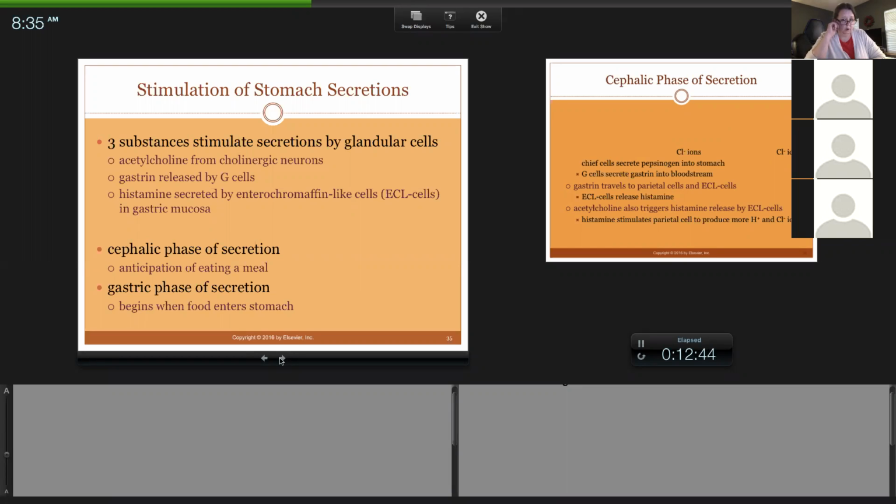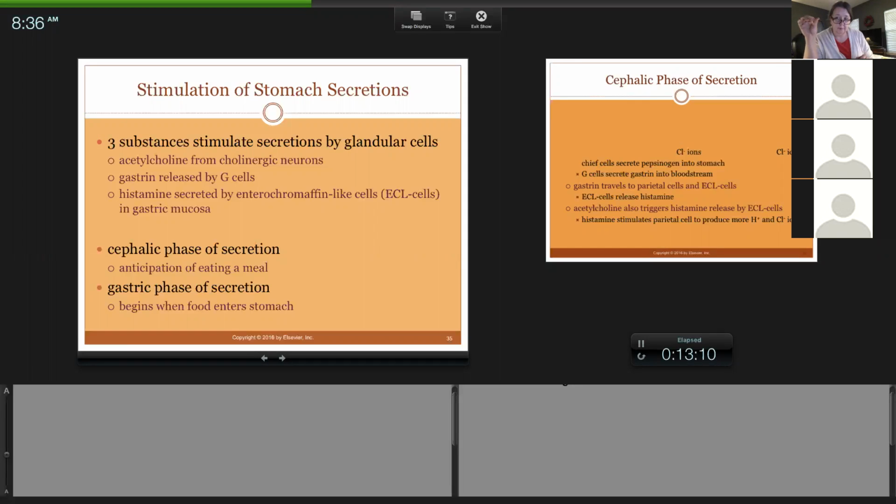How this works is you've got acetylcholine from cholinergic neurons. Remember, cholinergic neurons are a receptor of the parasympathetic system. We talked about acetylcholine, and I said acetylcholine is a neurotransmitter. It works with muscles, skeletal muscle, but it is also the primary neurotransmitter of the parasympathetic system.